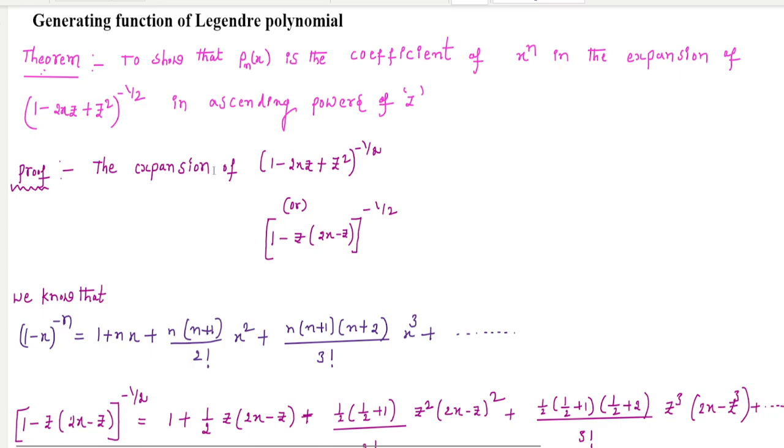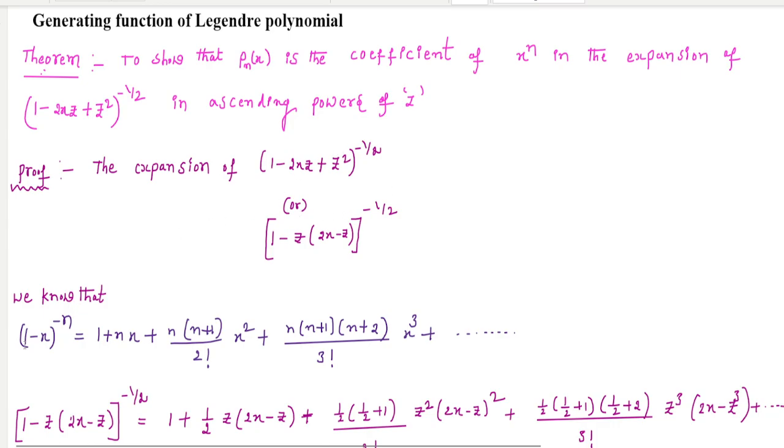So this is our given function, the Legendre polynomial generating function, (1 minus 2xz plus z square) whole power minus 1 divided by 2, or else we can write it like this.